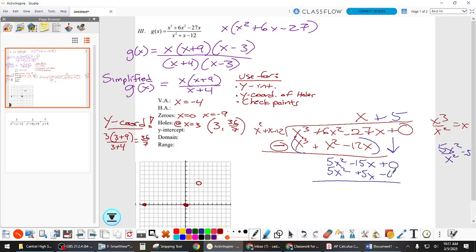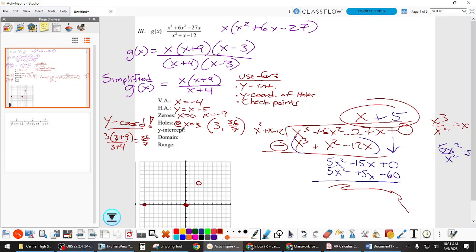Negative 12 times 5 is negative 60. Do we care about what comes after this? For this problem, do we care what's left? No, because all we care about is that guy right there. Okay? So our horizontal asymptote is y equals x plus 5, which is a diagonal line that we need to be able to graph.